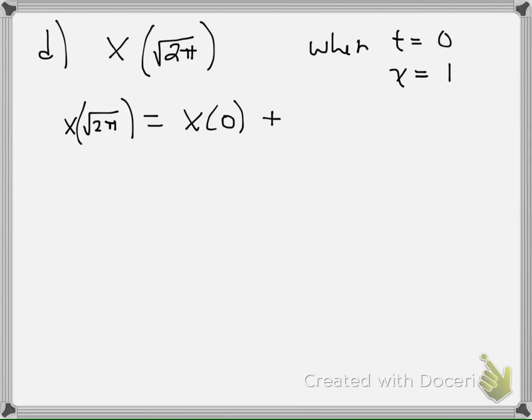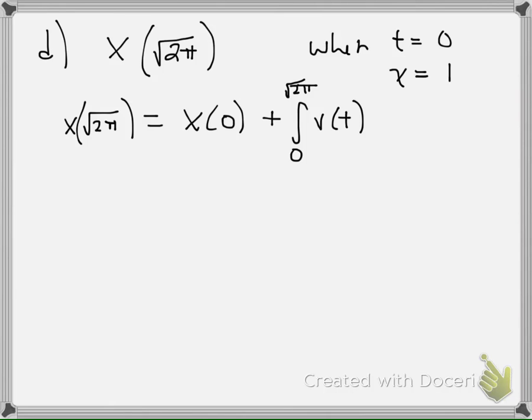So I do that by adding the integral of my velocity from 0 to square root of 2 pi. And I don't want to do absolute value. I just want to integrate the function because I want my positives and negatives to cancel out because I want that true distance away from the origin.